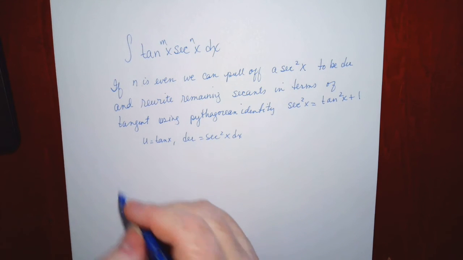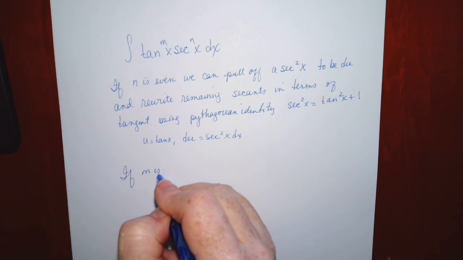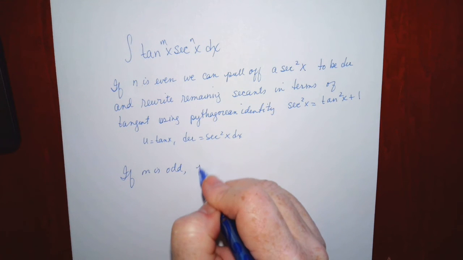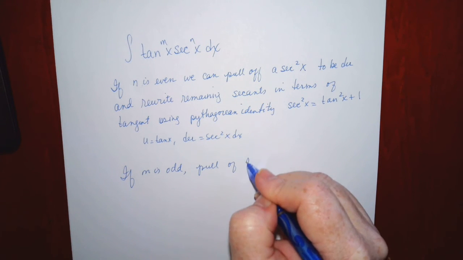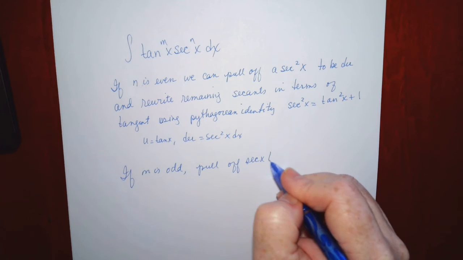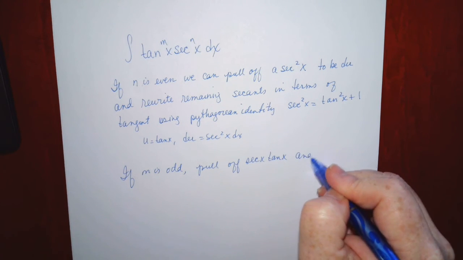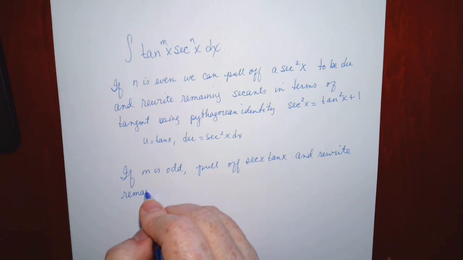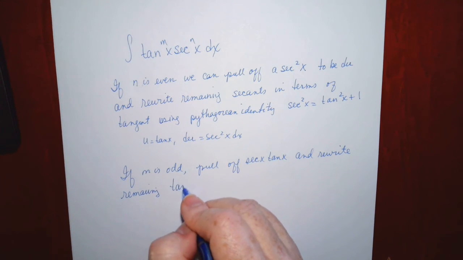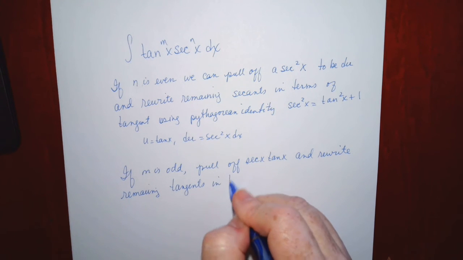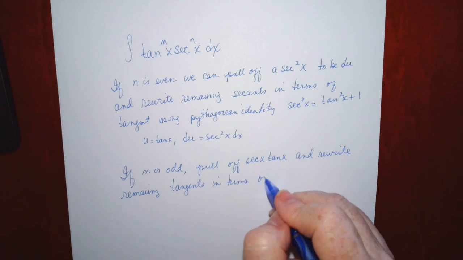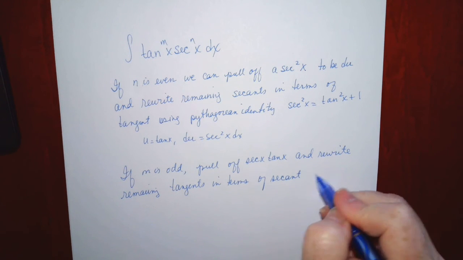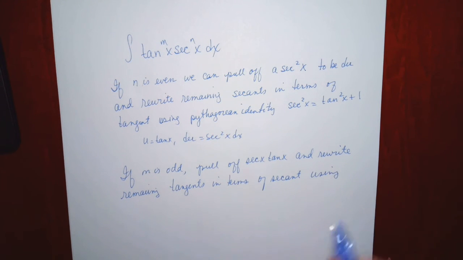If m is odd, you can try to pull off a secant tangent and rewrite the remaining tangents in terms of secant, still using the Pythagorean identity, but it's tangent squared x is equal to secant squared x minus 1.